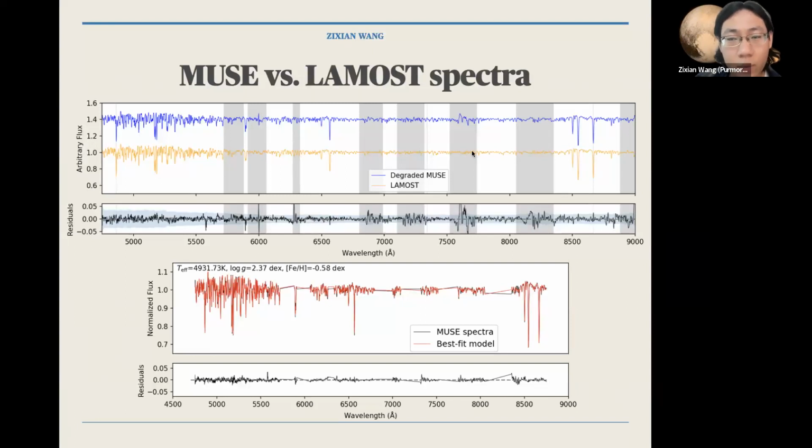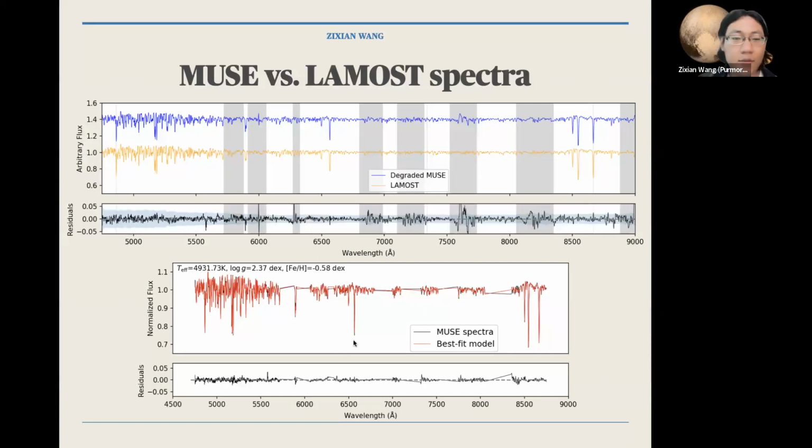The grayed regions will not be used for my work, so we can just ignore them. But for the unmasked regions, you can see that the residuals are always below the flux error, which is the shaded region. So that means it is acceptable, and the modified MUSE spectra are very similar to LAMOST spectra. So that question can be answered.